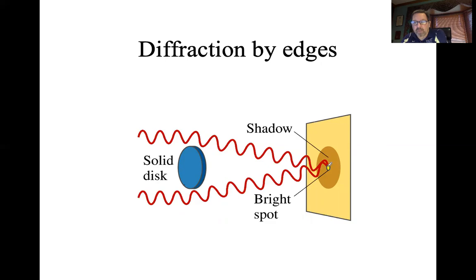The interesting thing, though, is that at the very center of the circular shadow you find a constructive interference point, because all the light hitting around the edges of the blockage, this solid disk here, is constructively interfering right at the exact center. So you actually get a bright spot right at the center. Who'd have predicted that? But it's there, and it's a very easy experiment to do.